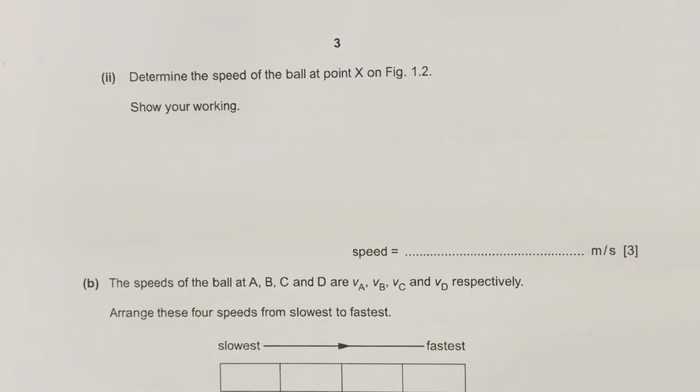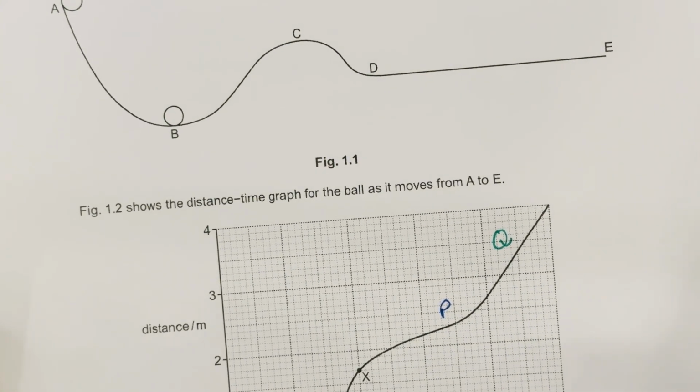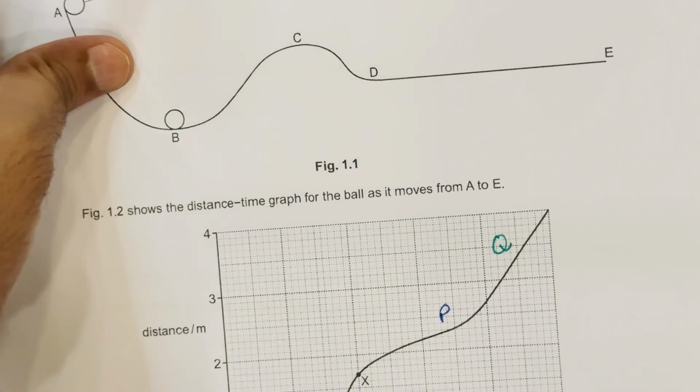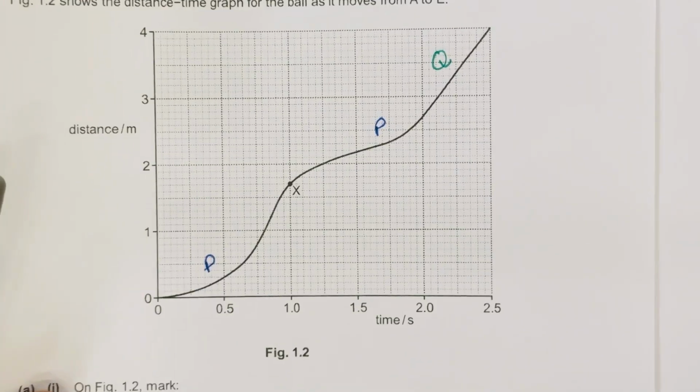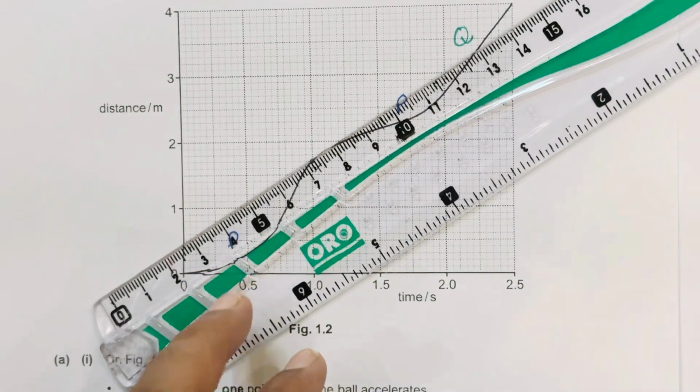Moving to its second part, determining the speed of the ball at point X on figure 1.2. Show your working. It means we have to draw the gradient, and from the gradient we need to find the value of X. We can find the value of speed. Okay, so at X we need to draw the gradient.